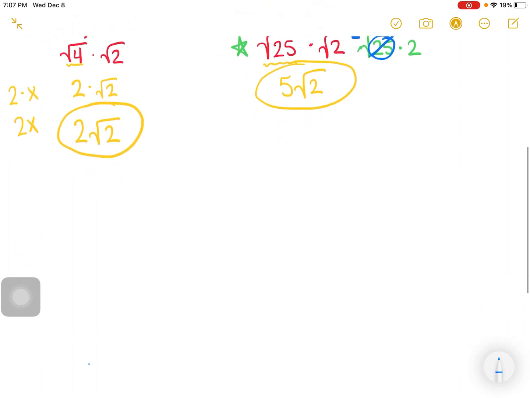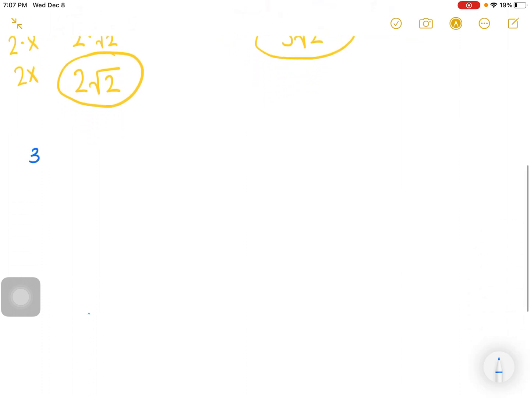So let's look at example 3. Let's say we have the square root of 175. Okay? Whenever I see a number like 175, I automatically think money. I automatically, in my head, go to $1.75. And then I jump to quarters.